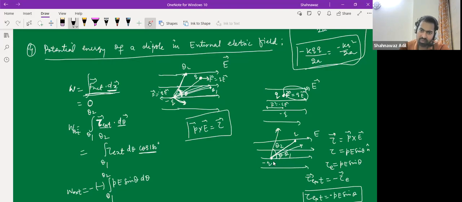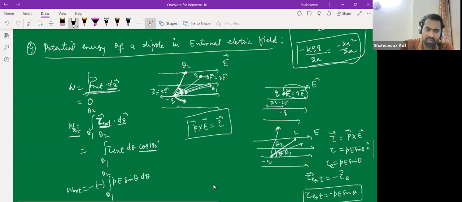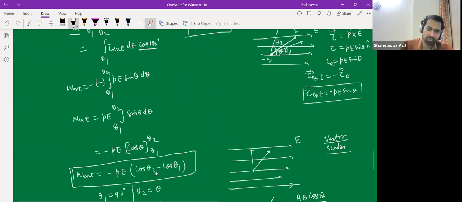Now we have made some angular displacement due to some external torque, right? We are applying some external torque and rotating this dipole. So this will do some external work, right? Then we calculated this external work and found that it would be this quantity. So this was the whole idea.